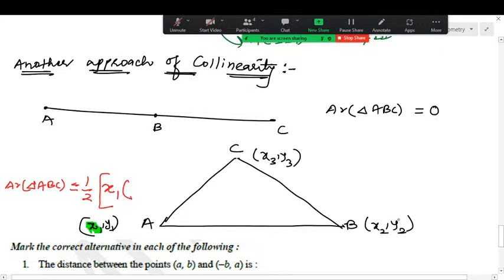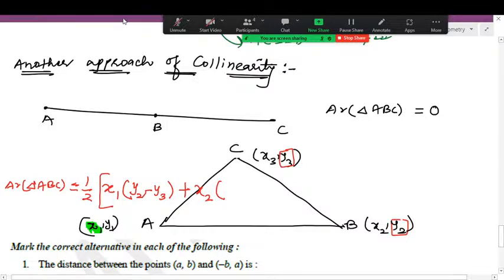Then you will subtract the y coordinates of the other two. That means y2 minus y3. Again we will consider x2 and we will subtract the y coordinates of the other two, that means y3 minus y1.